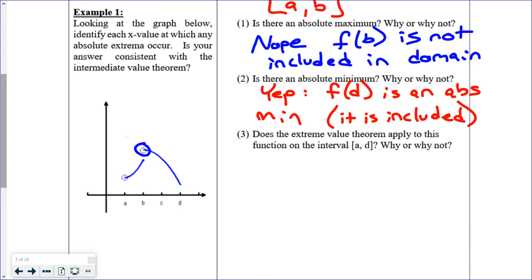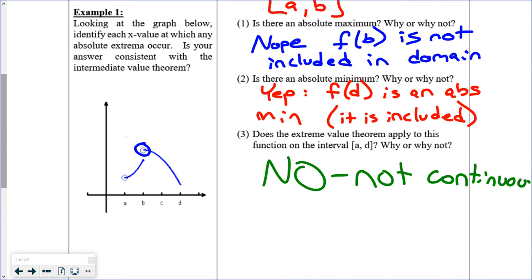See a lot of people shaking their head. Why? Not continuous. It's not continuous, and that's a good point, Daphne. The left endpoint is not a closed interval either. It'd be an open endpoint on the interval.